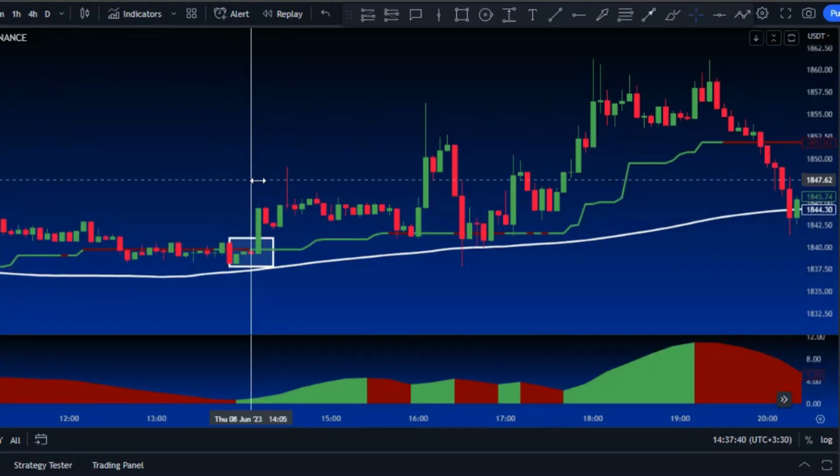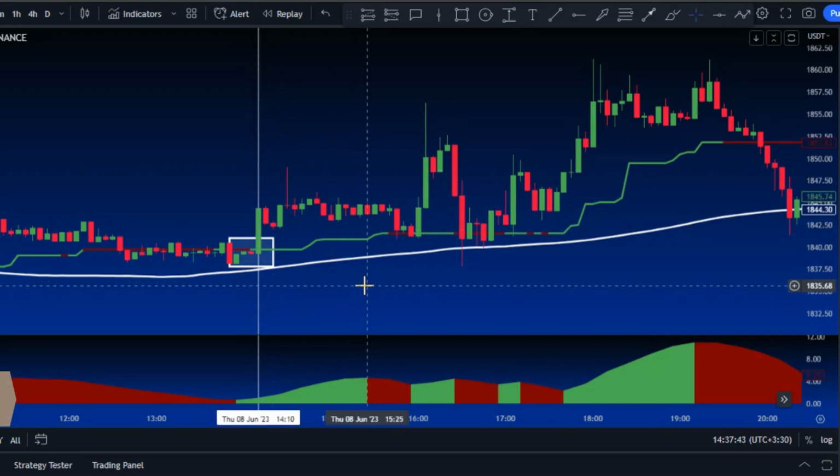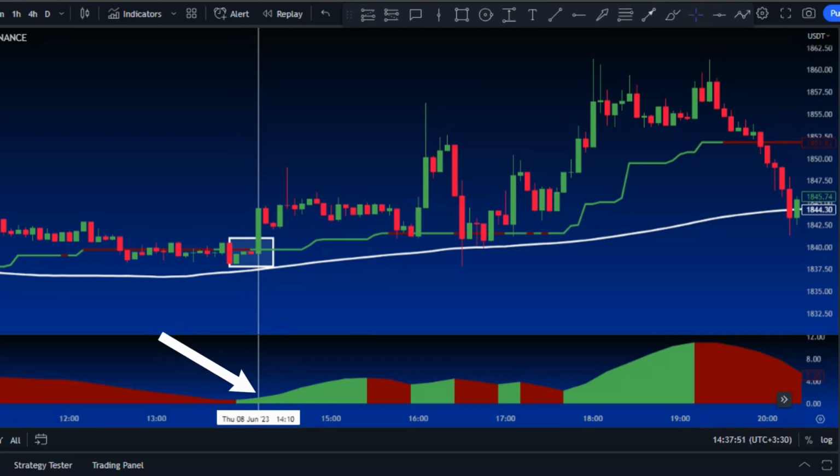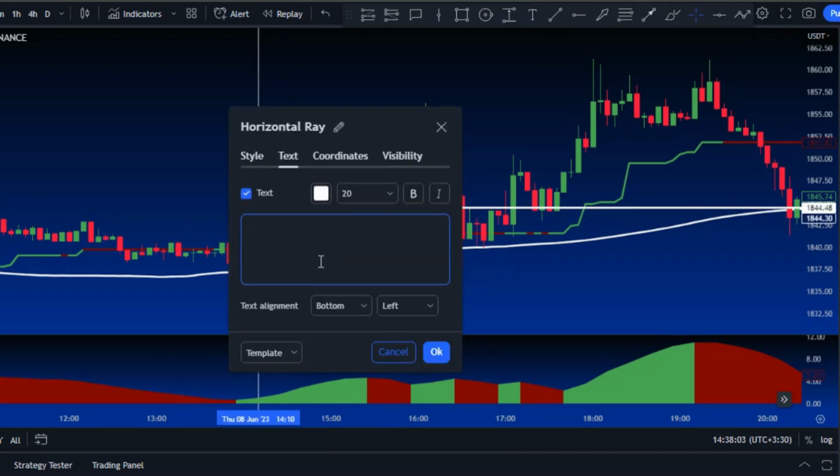Lastly, AO needs to be green to confirm the buy signal. Now you can enter a long trade at the close of the signal candle once the signal is validated.